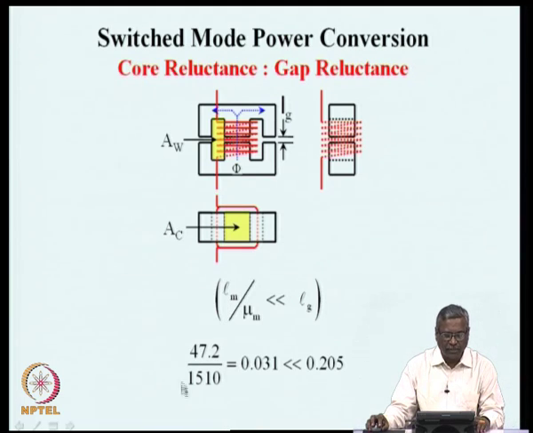If you use an alternate material which has about 4000 as mu, then this becomes really negligible compared to the gap which is 0.205. So, the core reluctance has to be very much less than the gap reluctance. The way to cross check that is whether Lm by mu r, the relative permeability of the material, is very much less than the gap that we have calculated.